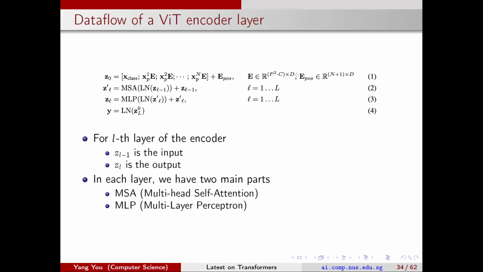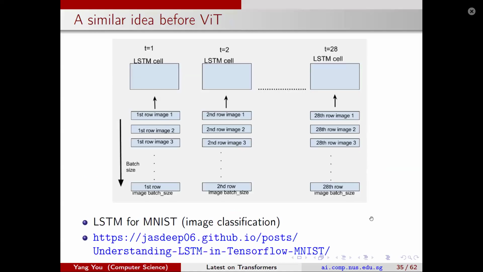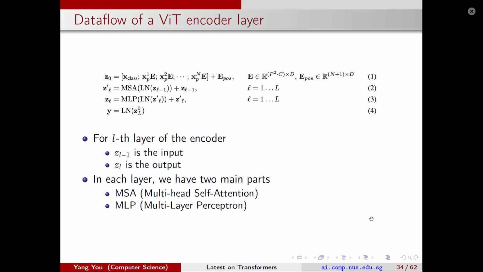D is the embedding dimension, which means we want to convert a patch. The patch is P squared C by 1, and the embedding size is D by 1. So we want to convert a vector from P squared C by 1 to D by 1. We just need a matrix multiplication. That's a matrix-vector multiplication.